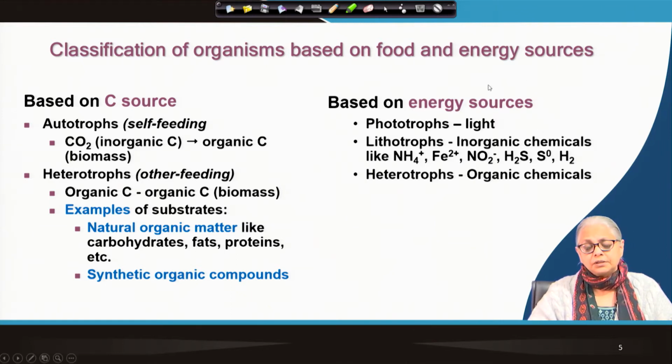If we look at the energy sources that microorganisms can utilize, there are three different types. The first is phototrophs. Phototrophs utilize light and convert it to chemical energy in the form of compounds. Lithotrophs are not dependent on light. They will use the redox reactions that happen due to the coupling of inorganic compounds.